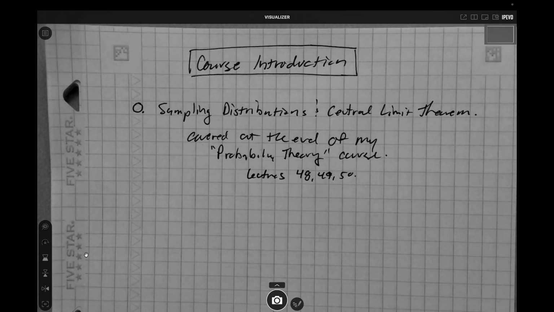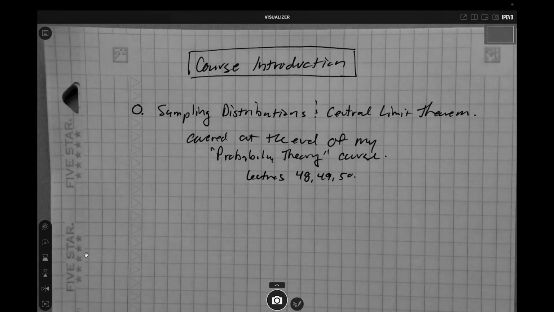If you haven't seen sampling distributions and the central limit theorem, you will certainly need this material for mathematical statistics. There's a little bit of a blurry line between where probability theory ends and mathematical statistics starts, so keep that in mind. Make sure you've seen this material before going forward. If you haven't, it's not going to be in this class, but it's at the end of the probability theory course, which you can go find pretty easily.